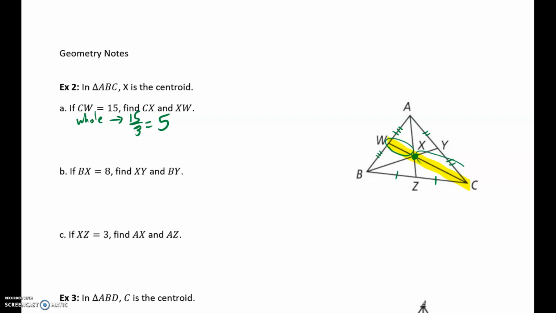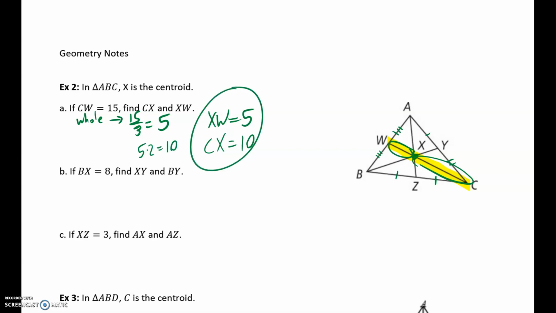Is it WX or is it XC? Well, it should be obvious, but it's always the piece next to the side that's the shorter one. So WX is 5. Or they wrote it XW. I'll write it XW just to make sure we got it. And then, according to the rule, I double it to get the other piece. So CX is going to be 5 times 2, or 10. And notice, what do those two add up to? They add up to 15, the whole thing.